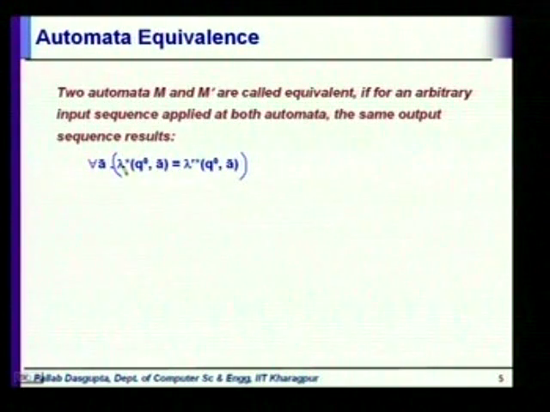Just now we defined, it is the output function. So the output sequence produced by the machine when presented with the input sequence A. Is this clear?